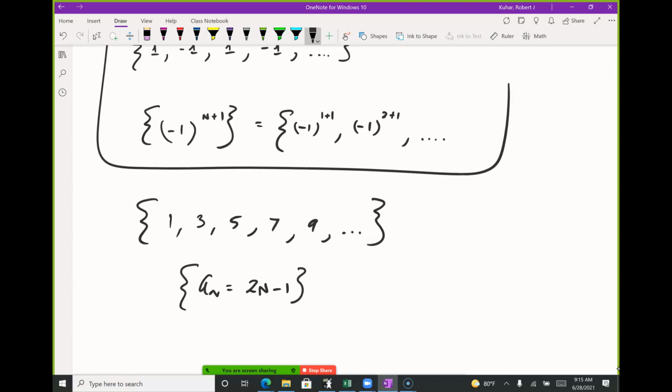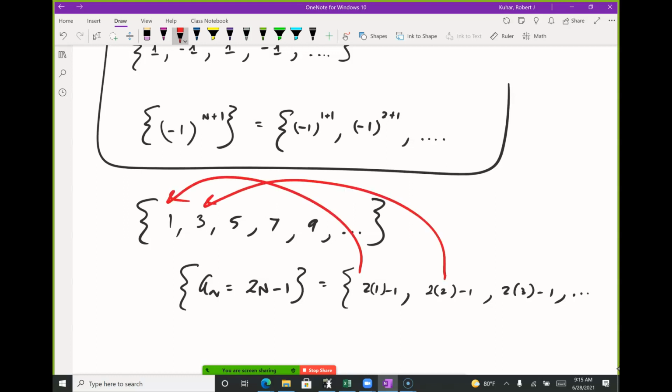Let me not shortcut it. Let me write it out. I get 2 times 1 minus 1, 2 times 2 minus 1, 2 times 3 minus 1, etc. You'll see that it gives me exactly the 1, the 3, the 5. So an odd number sequence, a plus-minus number sequence, all kinds of little things in there.